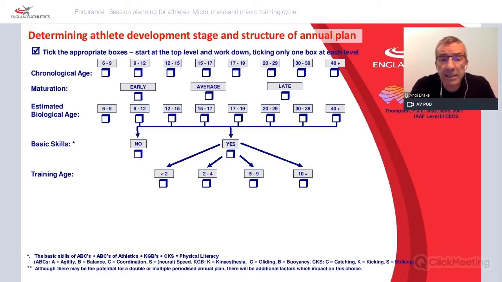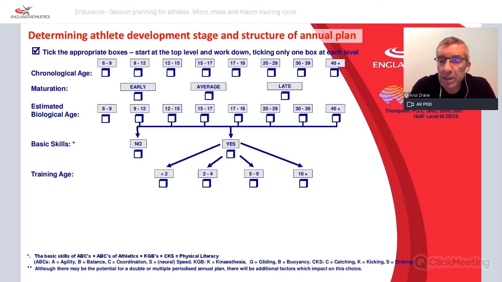Okay. The next question to ask is, do we have some of the basic skills that would underpin athletic development and athletic performance? There's a range of these in the language of athlete development: the ABCs, the most common ones, agility, balance, coordination.